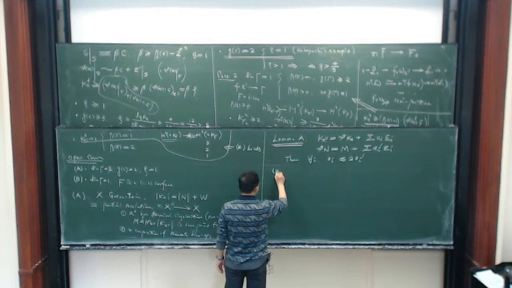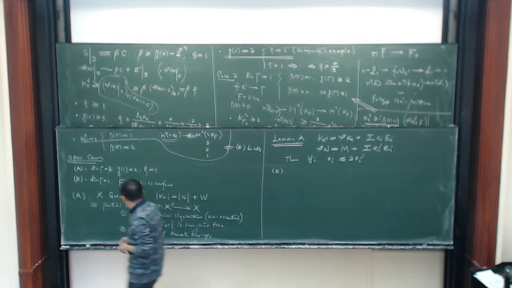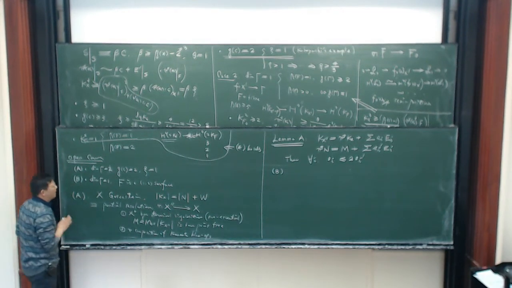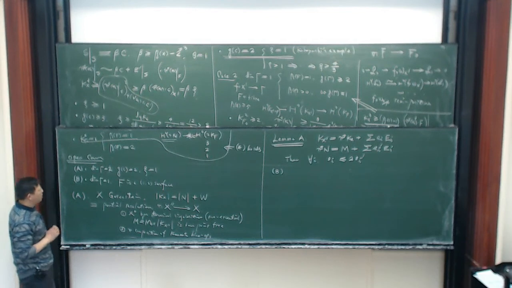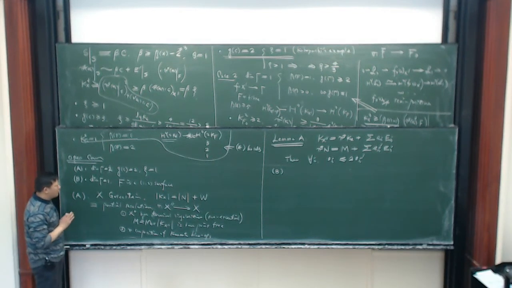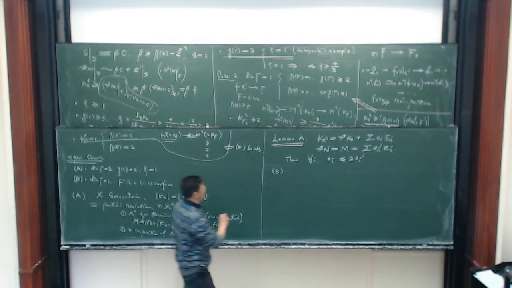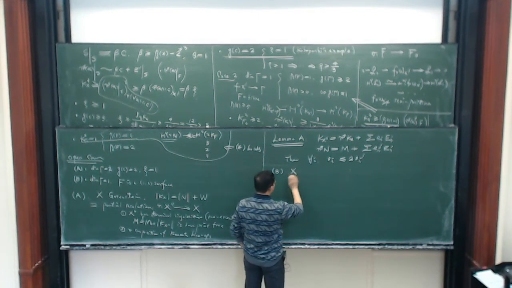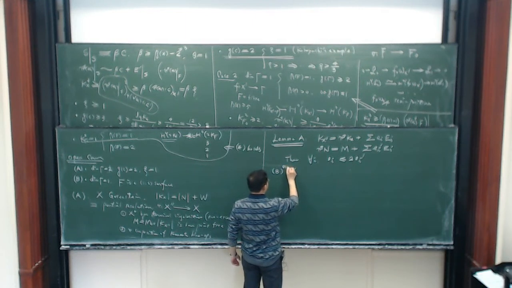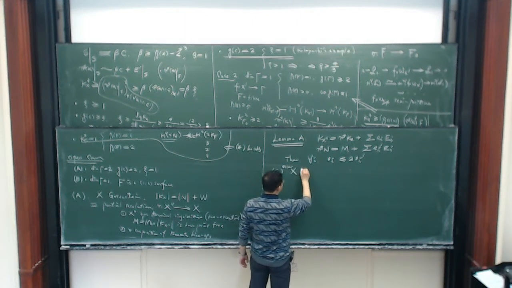For the second case, this is so far the most difficult case, but we can only assume that X is Gorenstein.